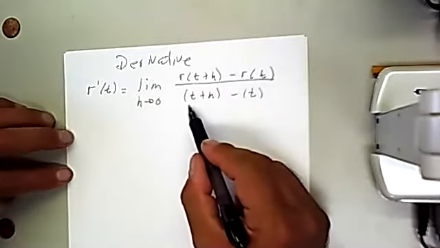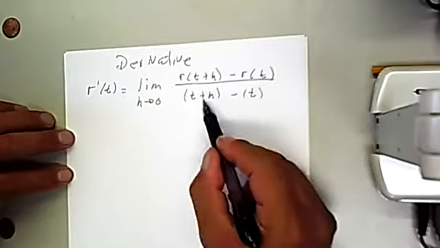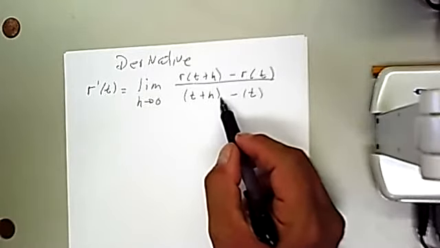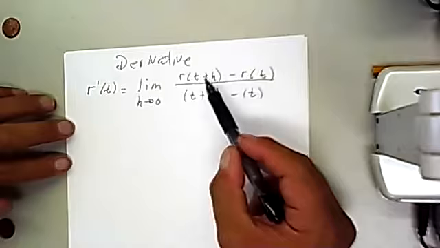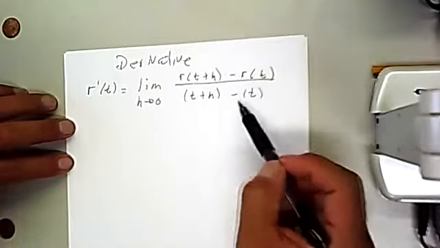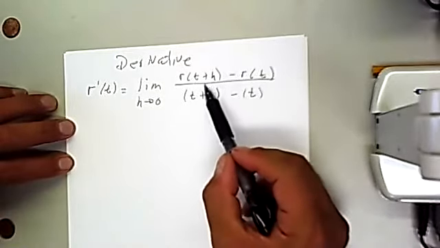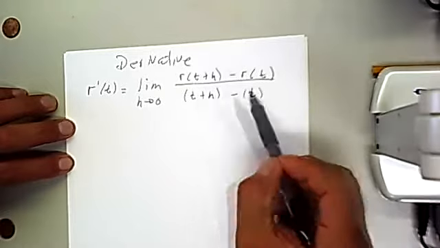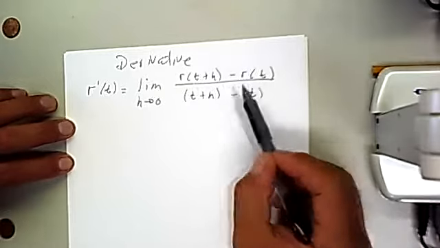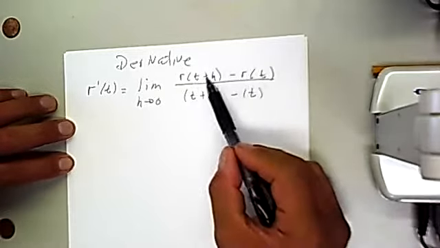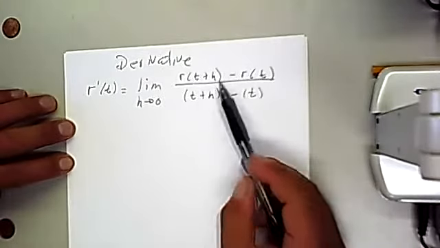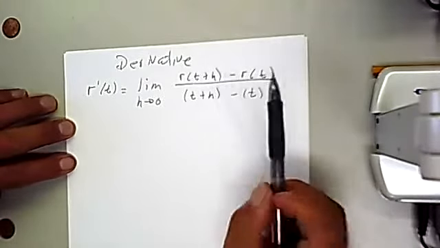There's no need to put t plus h minus t when we know in advance that the denominator is going to simplify down to an h. The reason why I prefer to write it this way initially is because it makes clear that we have a quotient, a difference quotient. We have outputs that we're subtracting and inputs that we're subtracting as well, and finding the quotient.